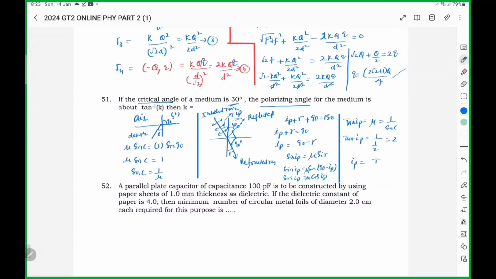So the polarizing angle is tan inverse 2.